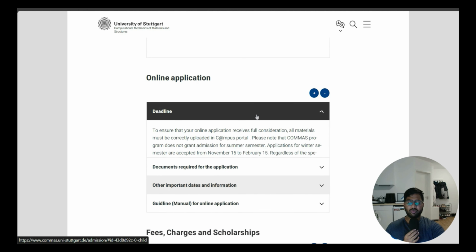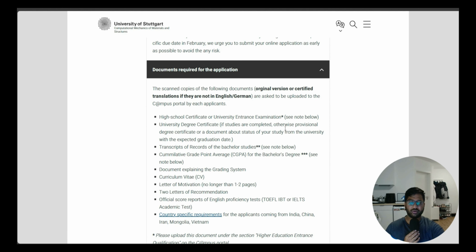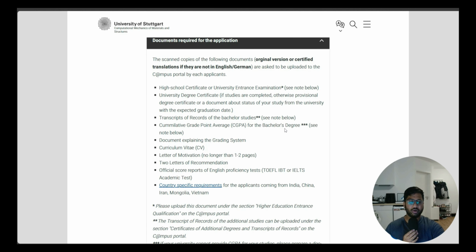Then deadline, we already know that November 15th to February 15th is the application deadline. Documents required for the application, what are the documents that you need to have in order to apply. At first, high school diploma, because in order to prove that you had done your high school diploma or university entrance examination, we need to submit either your PUC or CET.